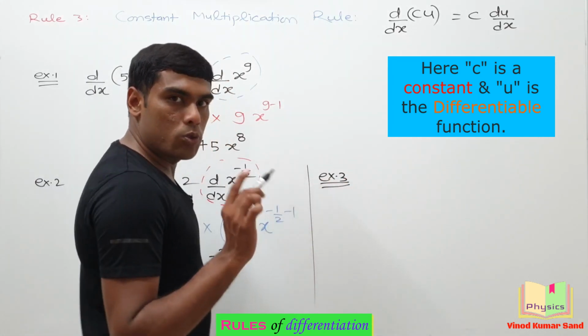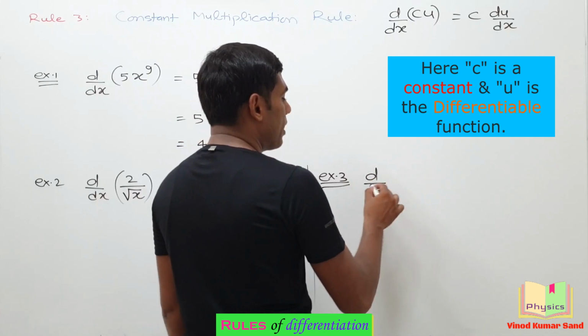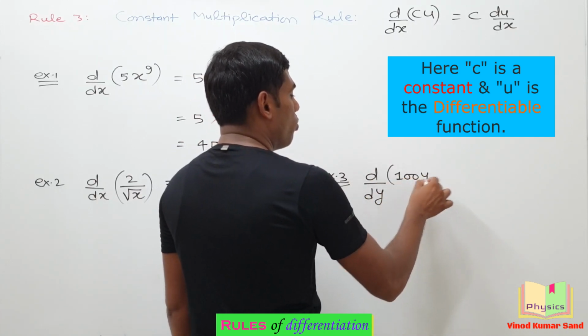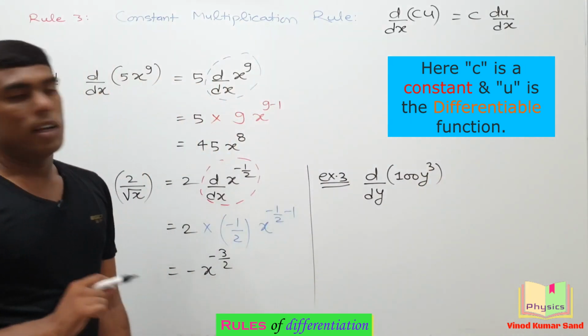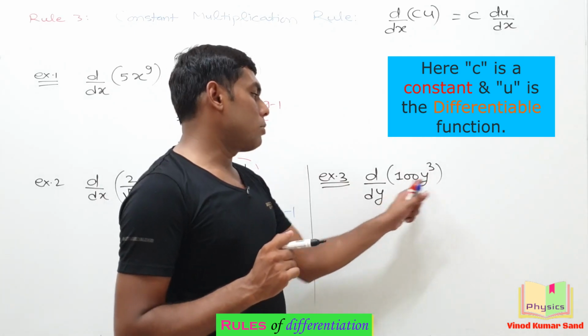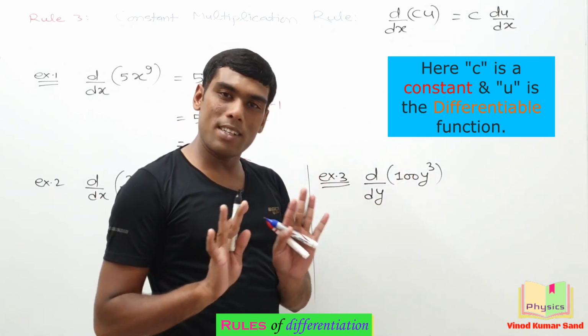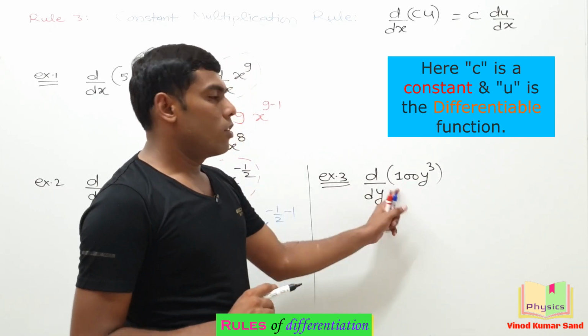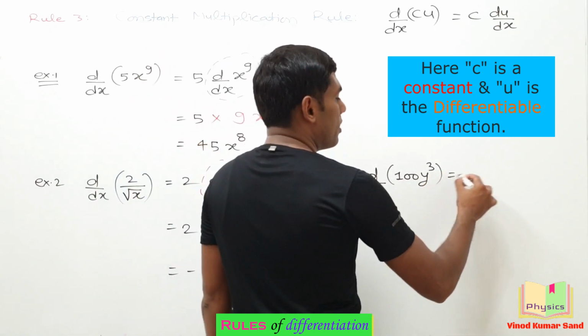Taking up one more example. Example number 3. d by dy of 100y cube. Now you try to answer it yourself. Instead of x, I am using the parameter y. It doesn't make any difference. You can easily use the formula again. 100 is a constant.